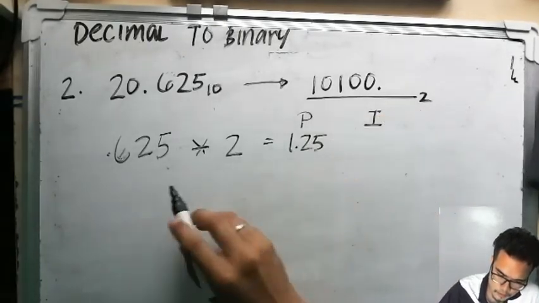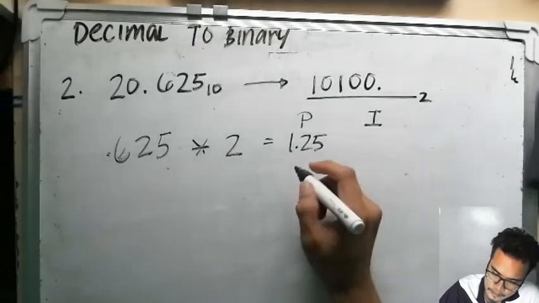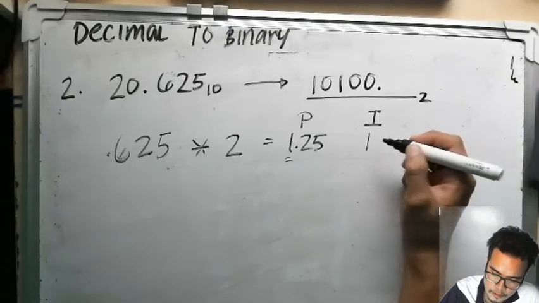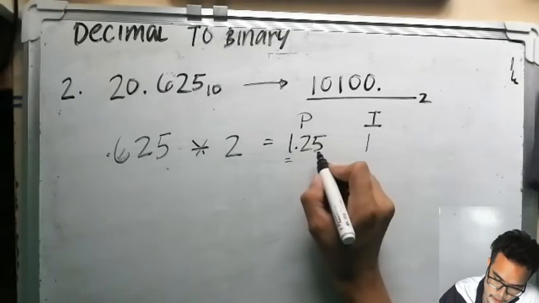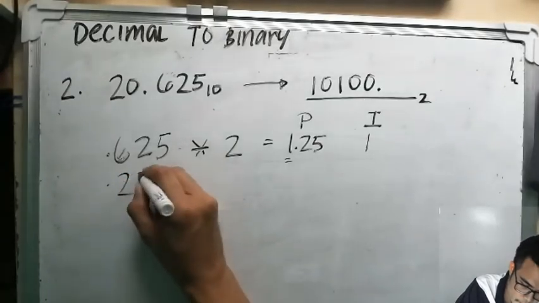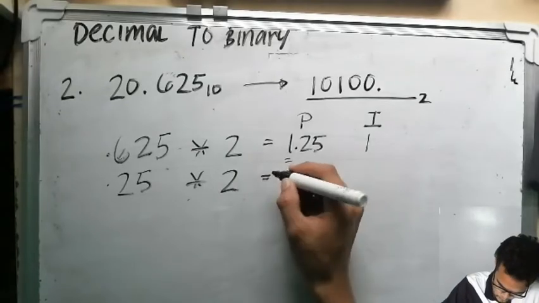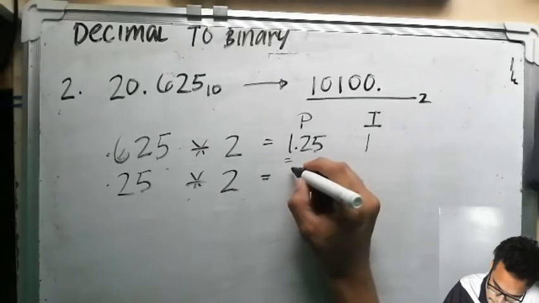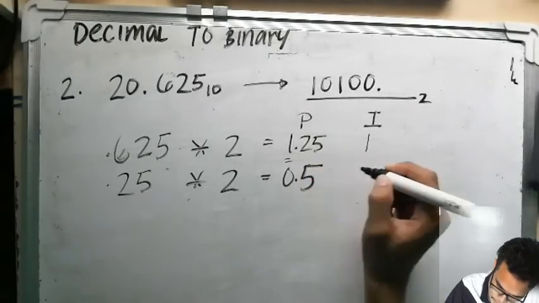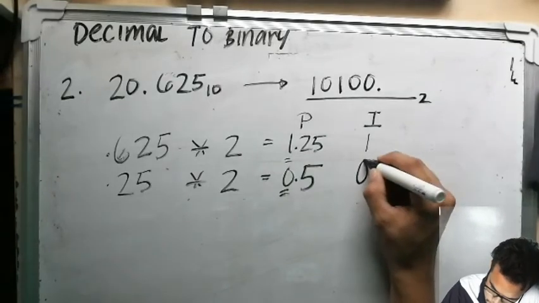So 0.625 times 2 is equal to 1.25, then get the integral part, which is 1. Next, let's proceed. Get the fraction 0.25 and multiply it by 2. So 0.25 times 2 is equal to 0.5. Then get the integral part, which is 0.